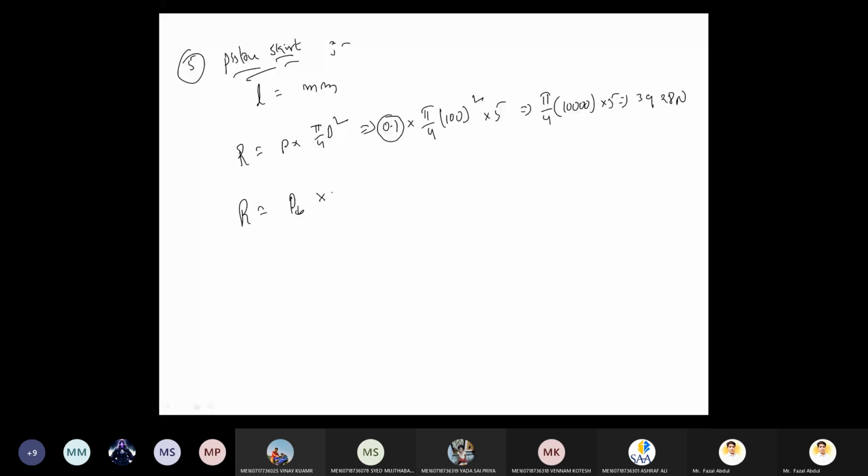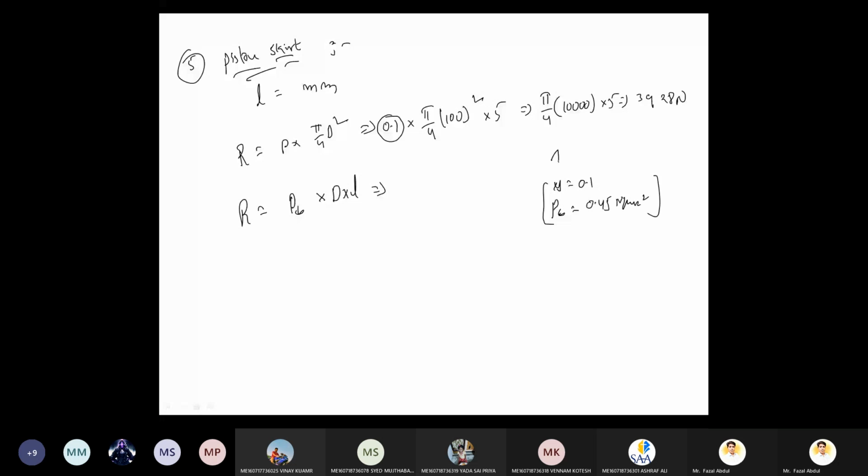Also we know the side thrust because of the bearing pressure, that is bearing pressure Bp into area. What is the area? D into L. The question itself does not mention the bearing pressure, so I'm assuming here mu is 0.1 and bearing pressure is 0.45 Newton per mm squared.